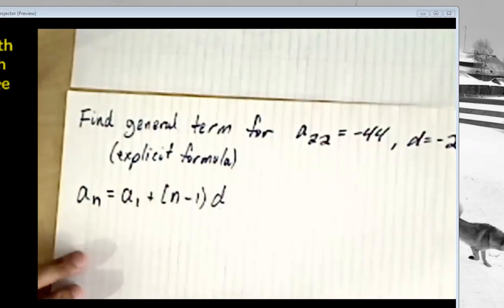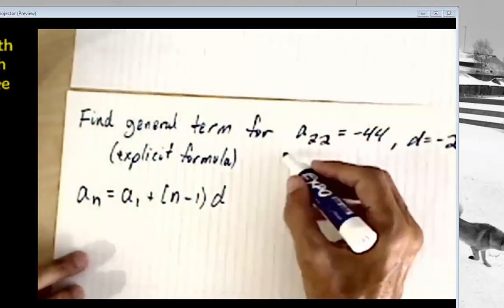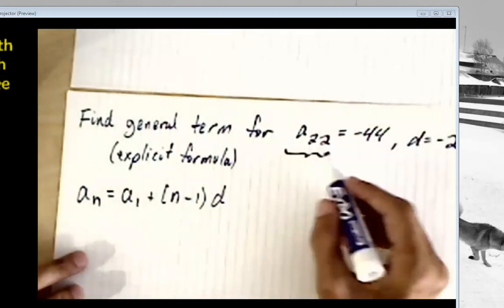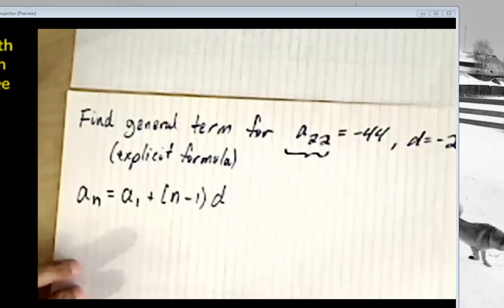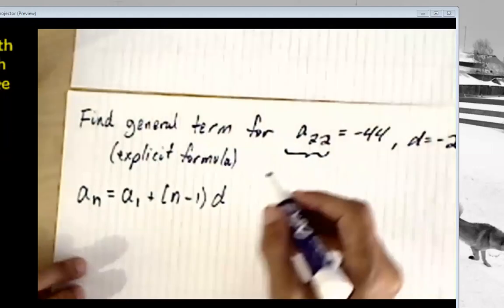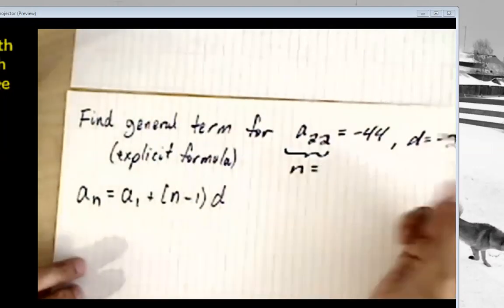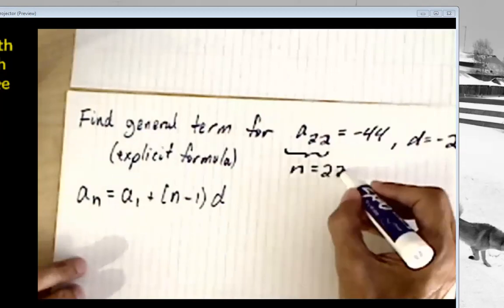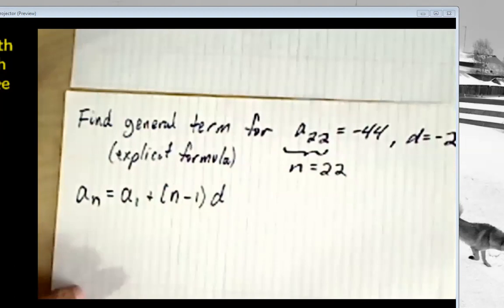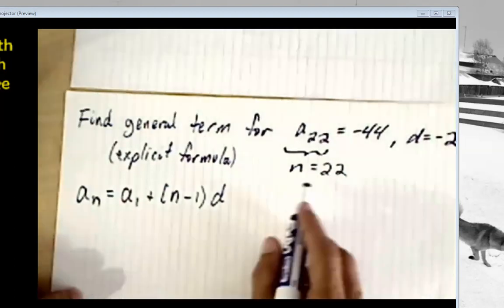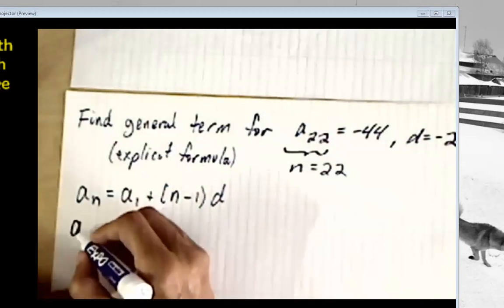So for A22, what is that saying? A22 is minus 44. It's given what AN is, right? When N is 22. Lots of good stuff here. If N is 22, I'm going to update the N's.